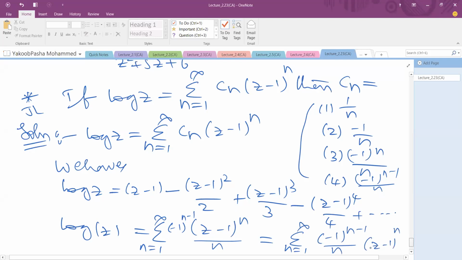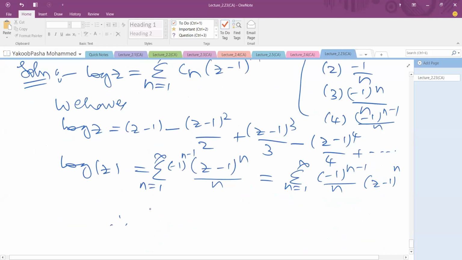Okay. So therefore Cn is equal to (-1) to the power of n minus 1 divided by n. This is the coefficient.